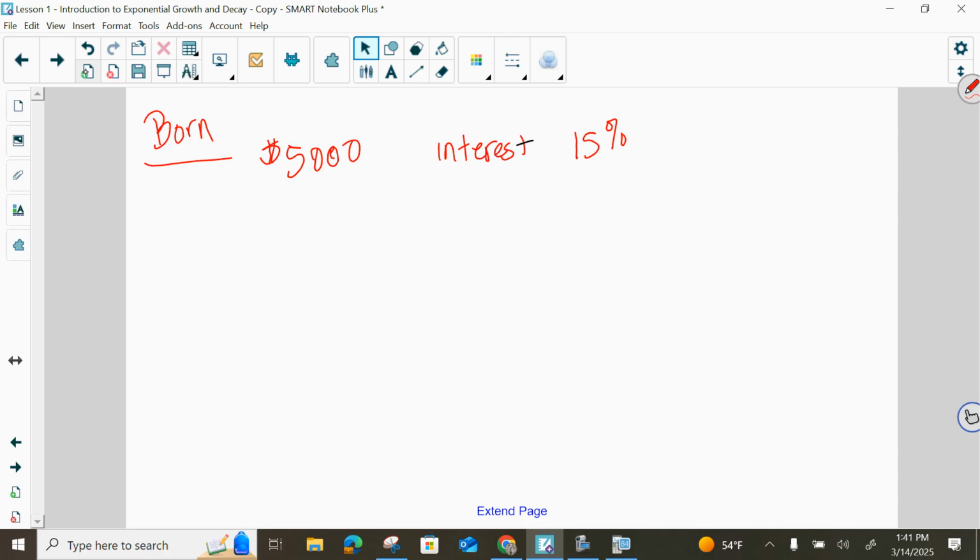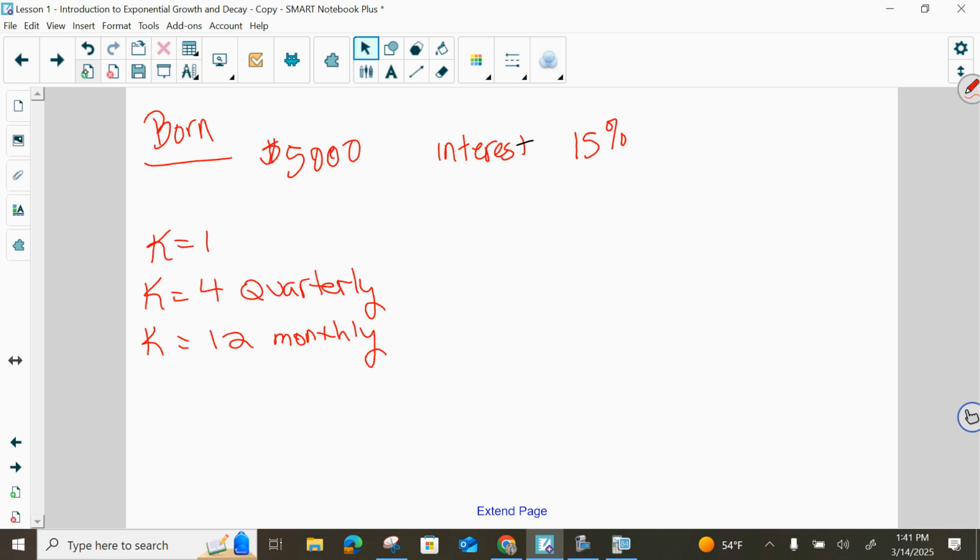Okay. So I am going to figure out for one compound. I want people by the window to figure out compounded quarterly. I want people in the middle to do compounded monthly.